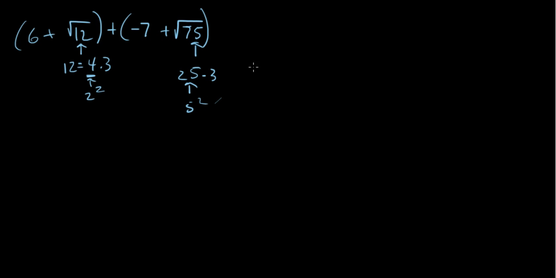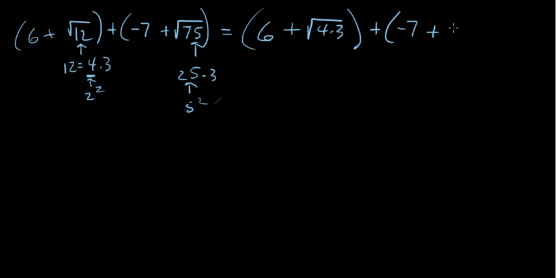Why did I say all that? Because that's how we simplify. 6 plus square root of 4 times 3 plus negative 7 plus the square root of 25 times 3.